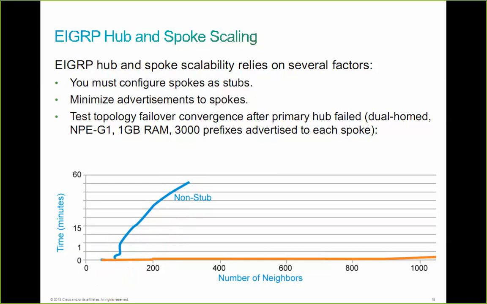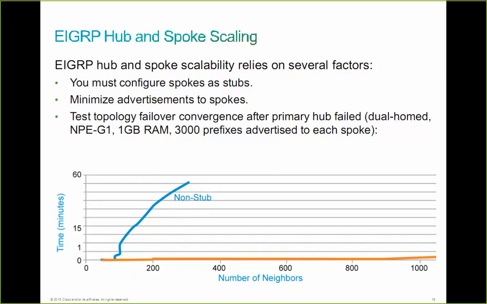And convergence time increases significantly with the topology change as the number of neighbors goes up. Whereas convergence time here, this orange line, kind of flatlined, stayed the same, regardless of the number of neighbors you had, because you had those features implemented. Finally got there. Okay.